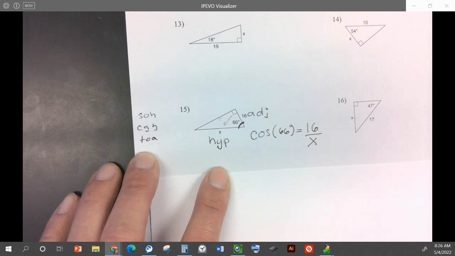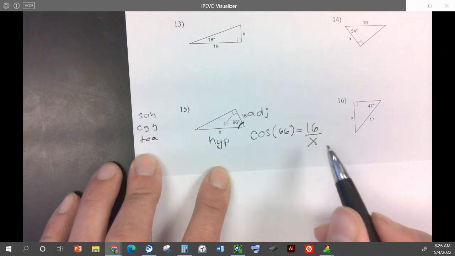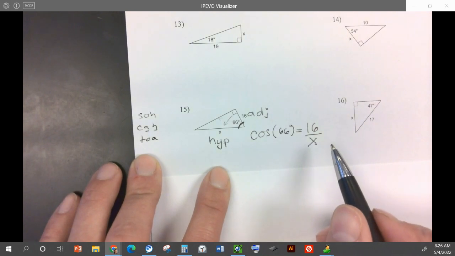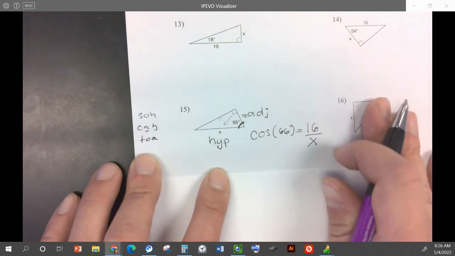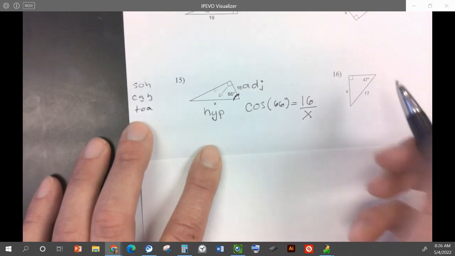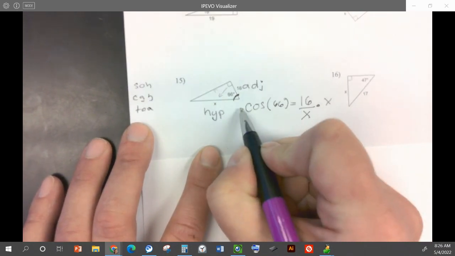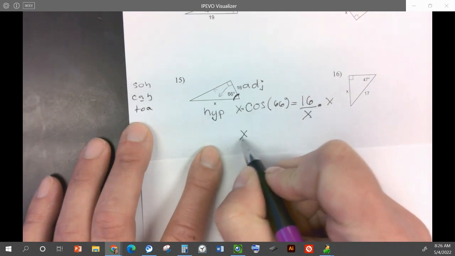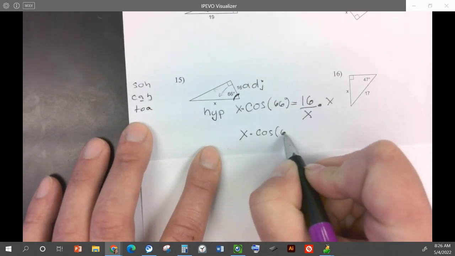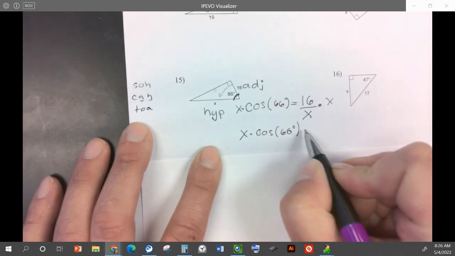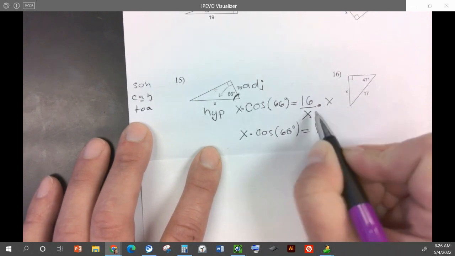So before we could just multiply by the bottom number, but now x is on the bottom. So we need to do something different. So watch this pattern. First we're going to multiply by x on both sides. So we'll have x times cosine of 66 equals 16.